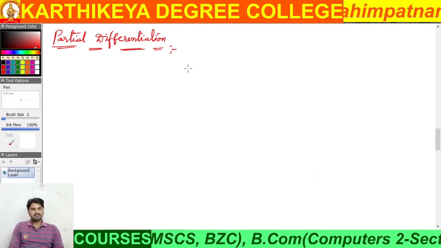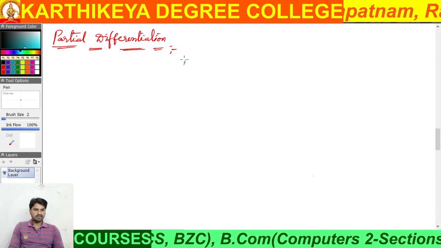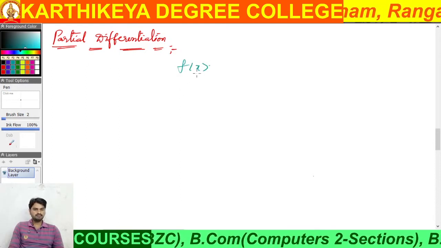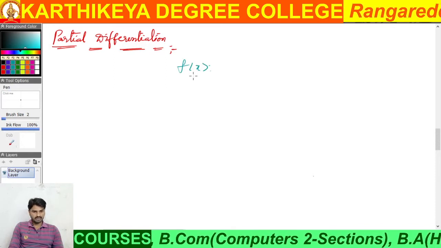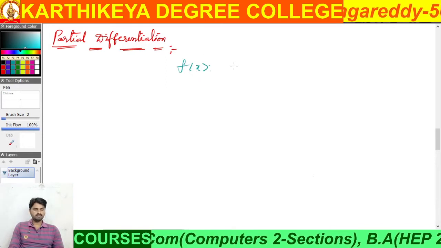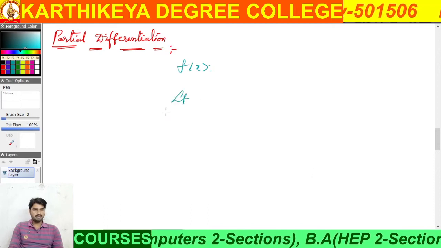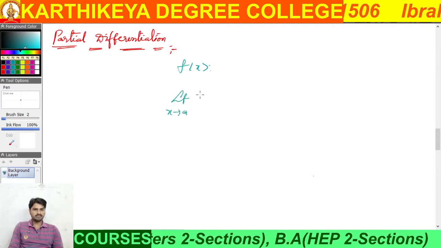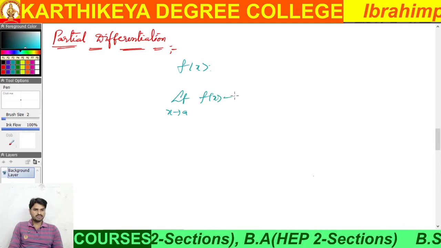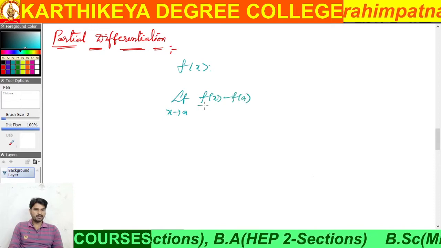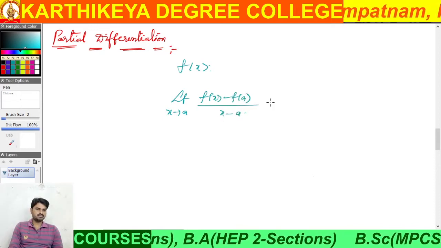For example, if you take a function in one variable f of x, it is said to be differentiable at a point a if the limit as x tends to a of f of x minus f of a by x minus a exists.